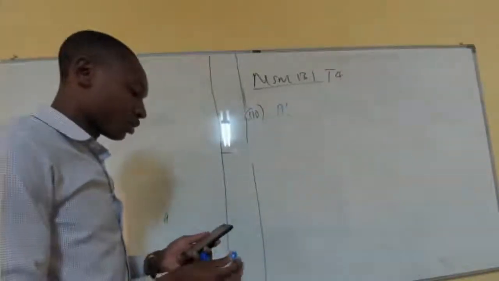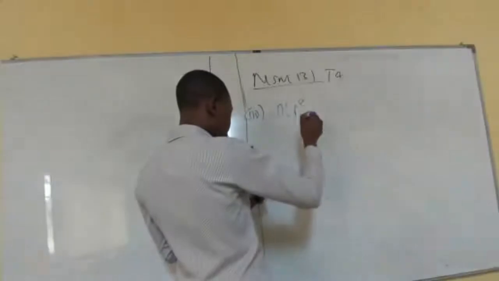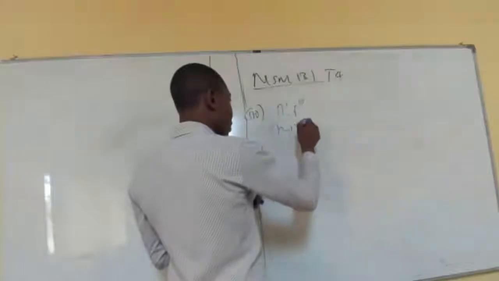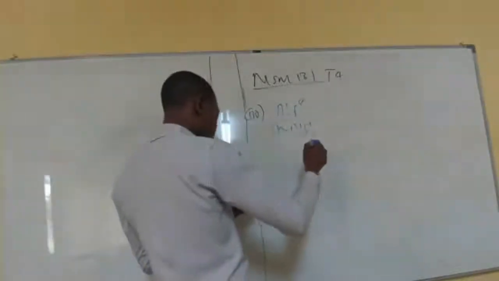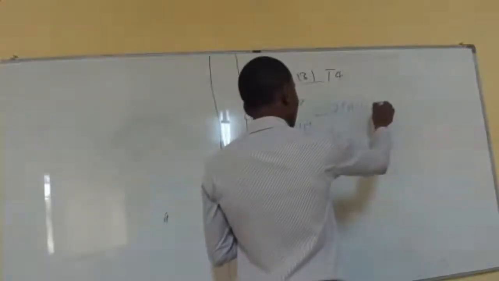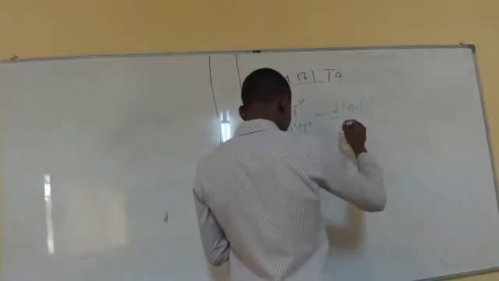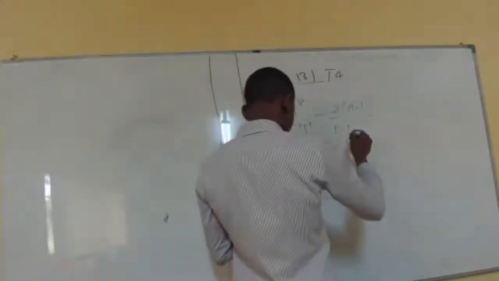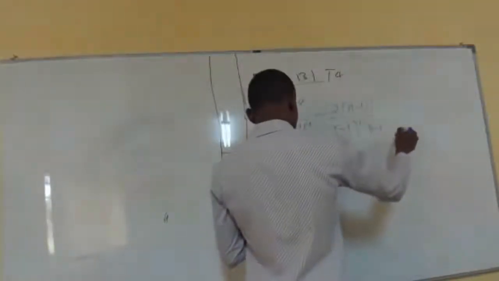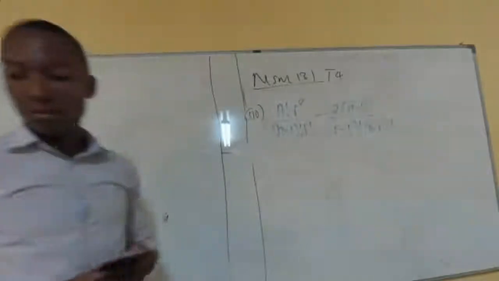So we have n factorial r squared. Okay, so that's the question that we're looking at now.